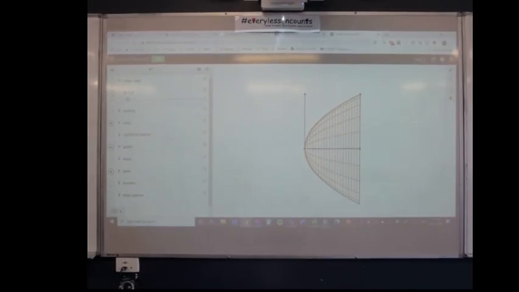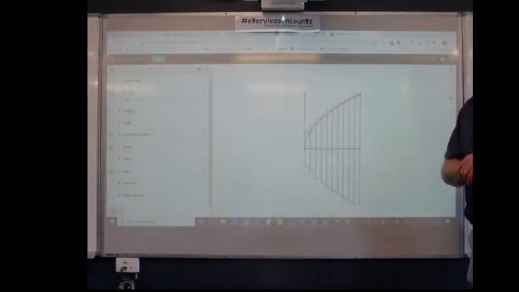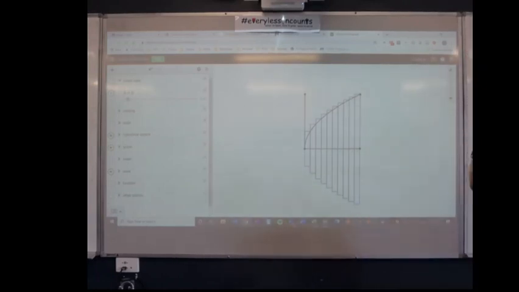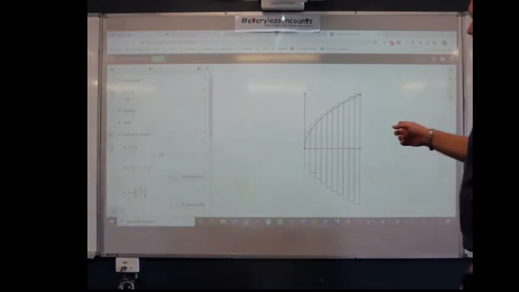What we can do is make a whole heap of cylinders. Now we've got a 3D shape made of a whole rack of cylinders, and you can see the little cylinders there. So here we've got 10 cylinders.